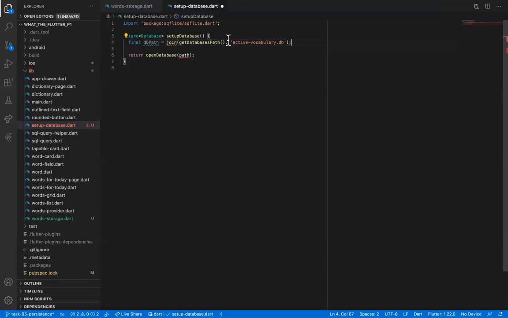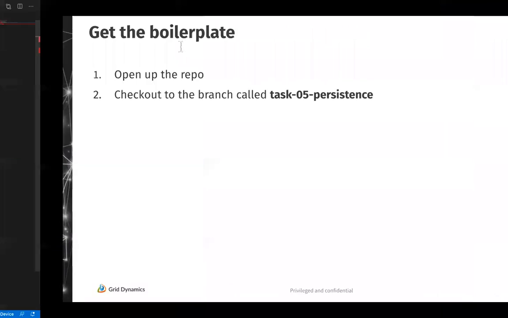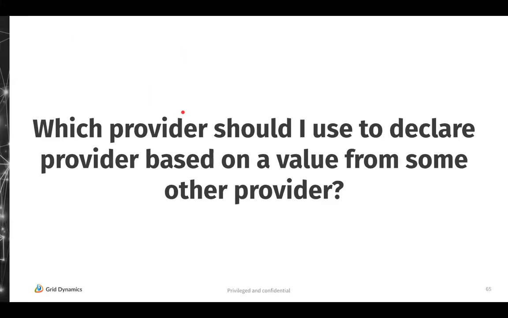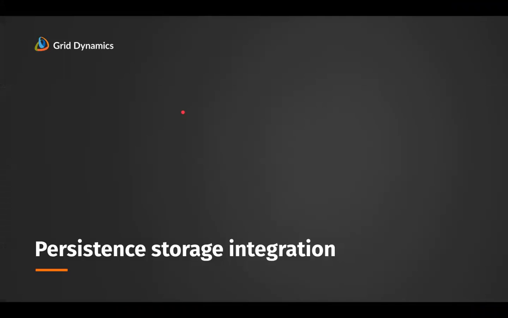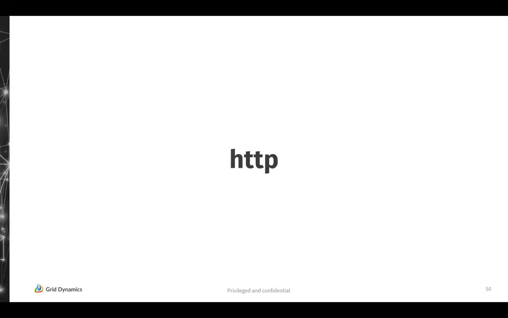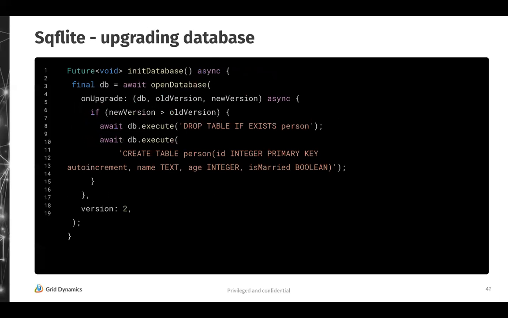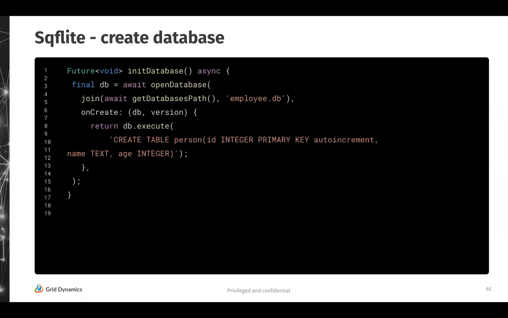So something is wrong with join. Should I import something? Join is not the issue. Let me take a look at the slides quickly. I was pretty much confused with all of these imports and things like that. So join, where should I get you?